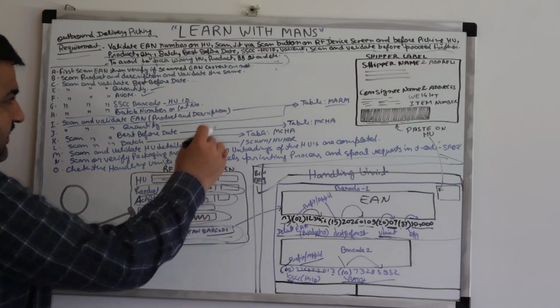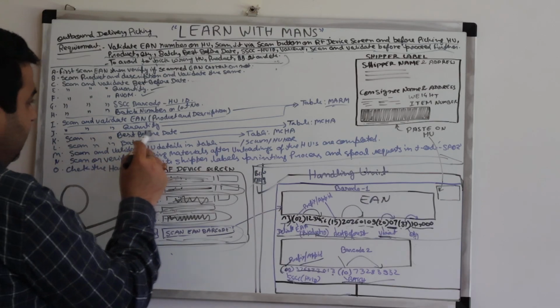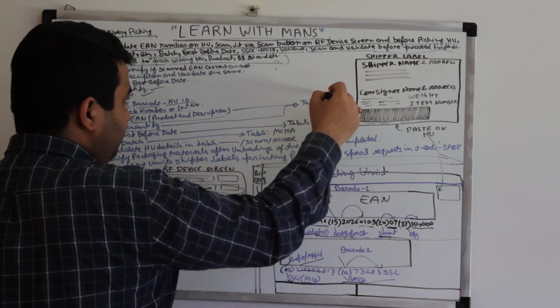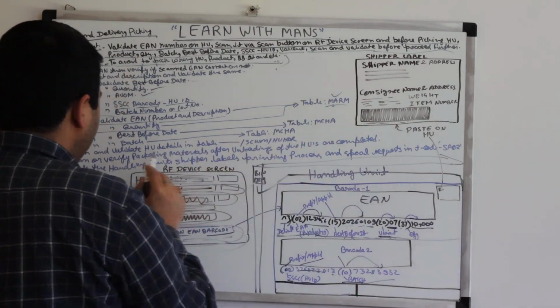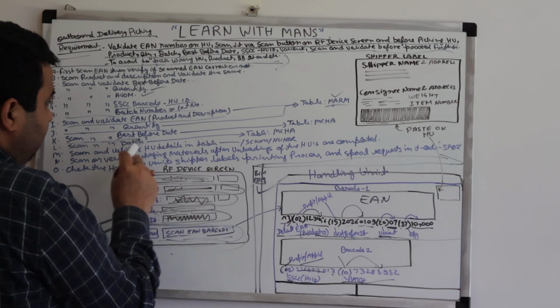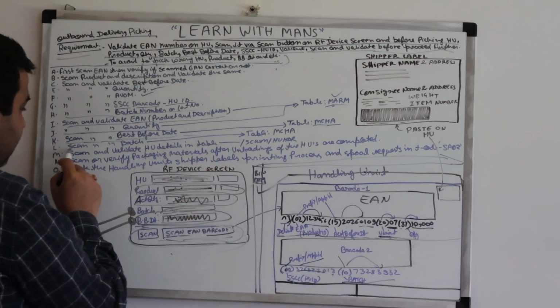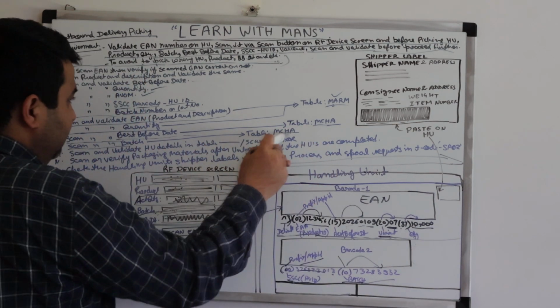This detail exists inside the MARM table. Then he scans the quantity he wants to pick, which we have in the same MARM table. Then he scans and verifies the best before date, which we have in table MCHA, and the batch, MCHA.